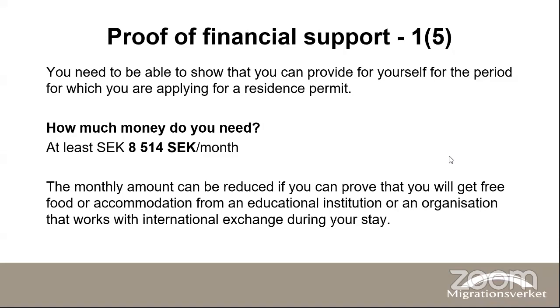The monthly amount can be reduced if you can prove that you will get free food or accommodation from an educational institution or an organization that works with international exchange during your stay. So if the monthly amount can be reduced in your situation, attach supporting documents.